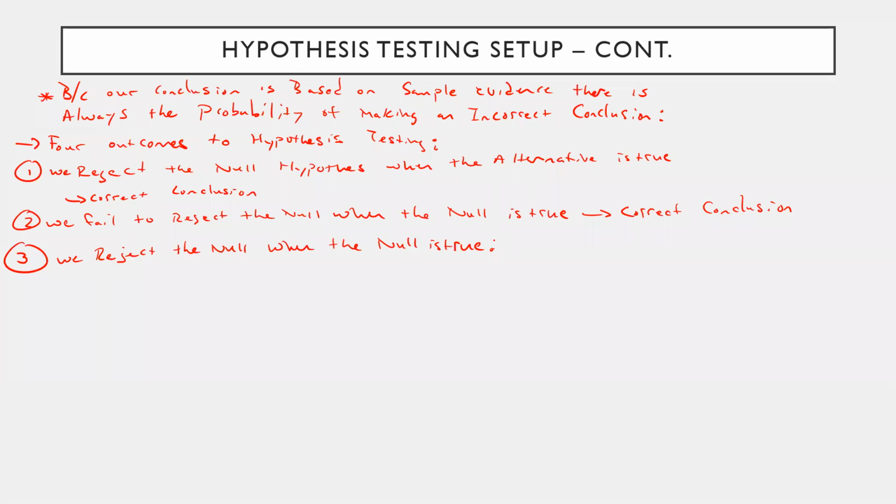That would be like me going on trial for embezzlement, I didn't do it, and then they send me to jail. Is that a good thing or a bad thing? Yeah, bad thing. We've talked about this. I'm not gonna make it in jail. So this is an incorrect conclusion. This is what's called a type 1 error.